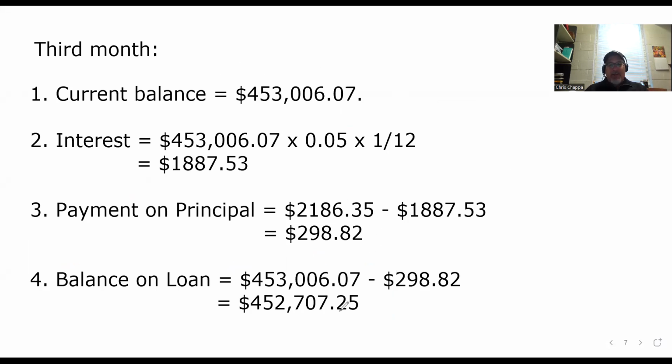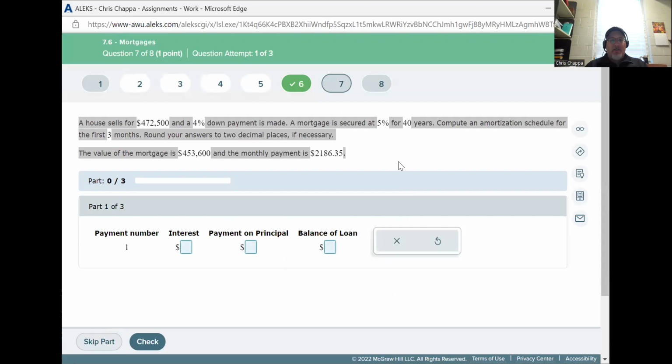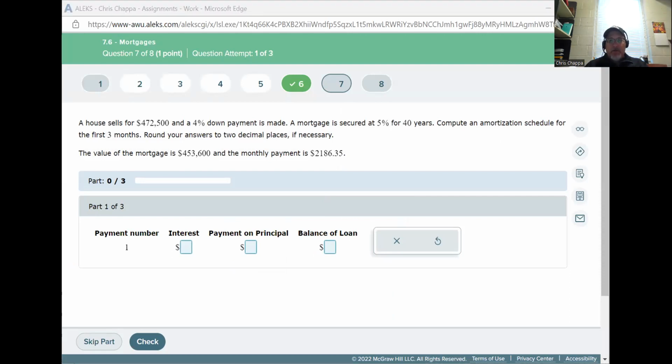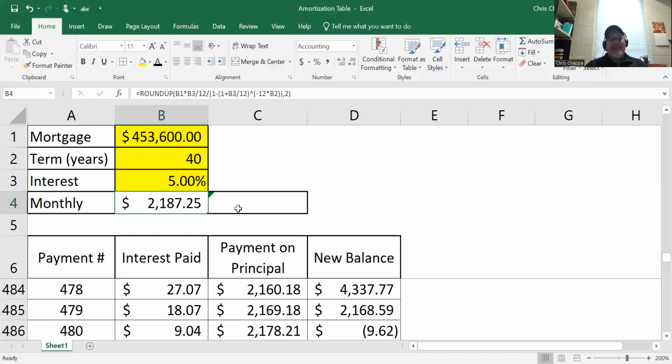So $2,186.35 is what they gave in the problem, and I still can't figure out why. Here's the problem in case you want to see it right there. But if you use the mortgage payment formula, it's actually 90 cents higher.